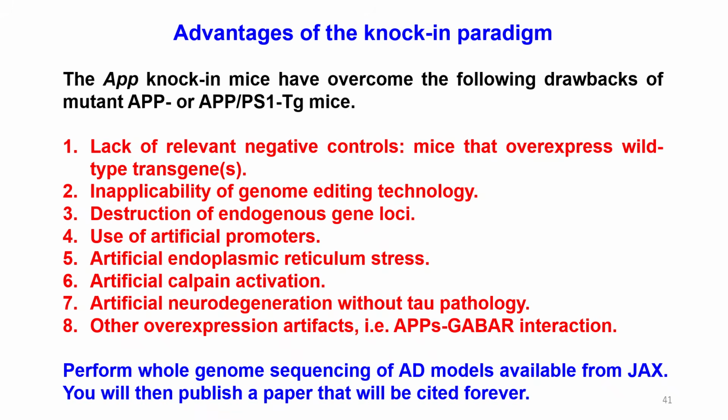Artificial endoplasmic reticulum stress. Artificial calpain activation. Artificial neurodegeneration without tau pathology, and other overexpression artifacts, for instance, APP-SG-ABAR interaction. If you perform whole genome sequencing of AD models available from the Jackson Laboratory, you probably will publish a paper that will be cited forever.